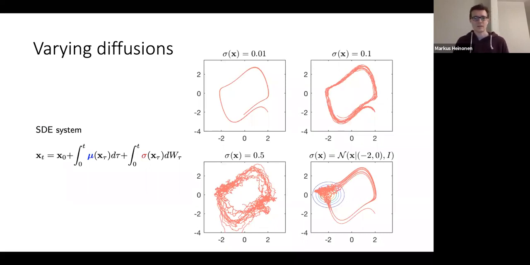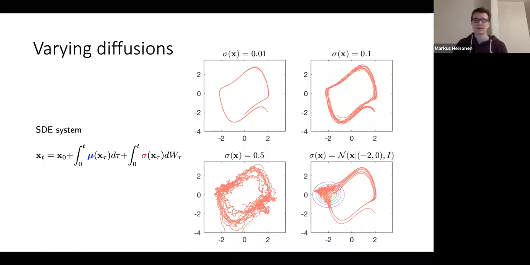So if we have this SDE system, and we now have this sigma, which is the magnitude of these Wienerian perturbations, if we have a very small amount of these perturbations, we almost have an ODE system. But as we increase them, we get a more and more chaotic system that eventually would basically break down and would not even follow the overall trend.